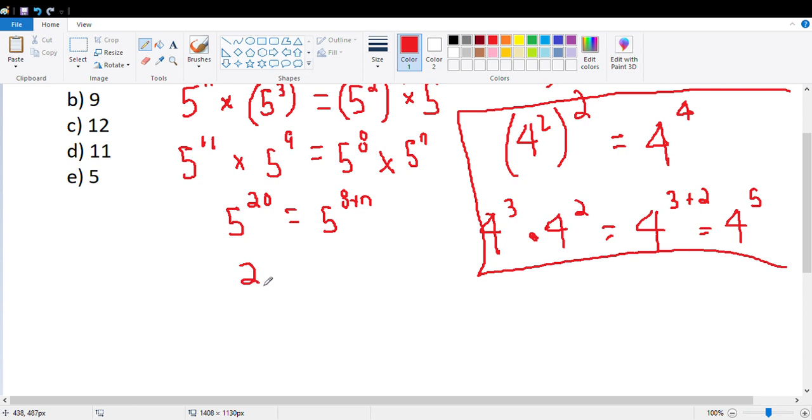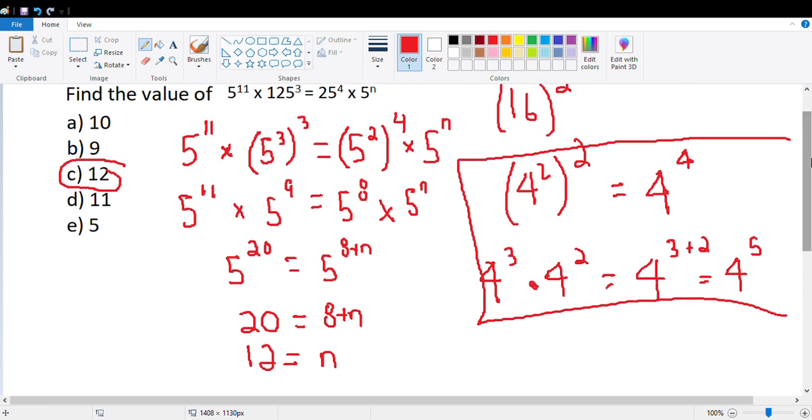If the exponents are the same, then both sides are the same. Therefore, I want to find when 20 equals 8 plus n. I subtract 8 on both sides and get n equals 12. I look at my answer choices and see that 12 is option C, so C is my answer.